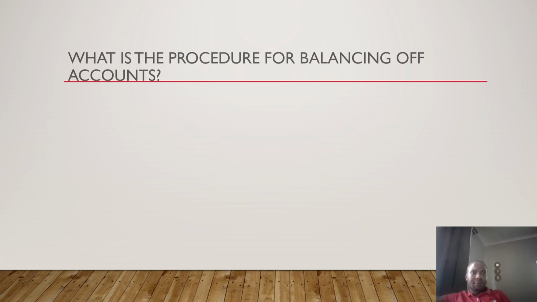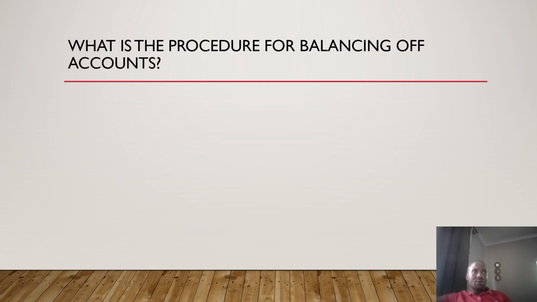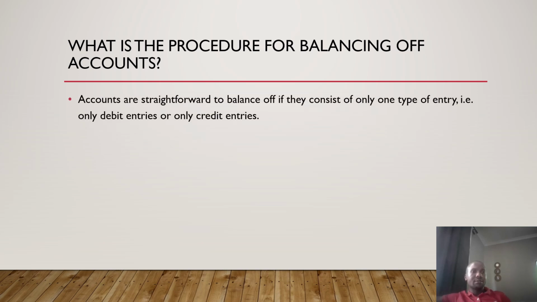So before we look at how we're going to balance off, we have to look now at the procedure for balancing off the accounts. Accounts, as we have seen, are straightforward to balance off if they consist of only one entry, that is only debit entry or credit entry. As we looked at the two accounts that we just showed in the previous slide, there are some accounts which have a single entry.